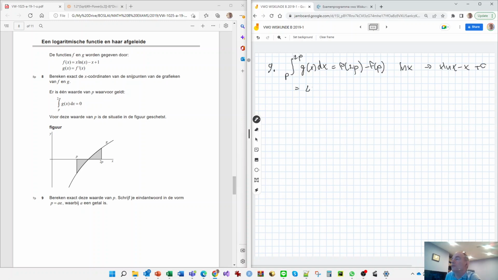So that is 2p log of 2p minus 2p. You have a plus 1, but that will cancel here, so I don't write it down. You get minus p log p minus p.